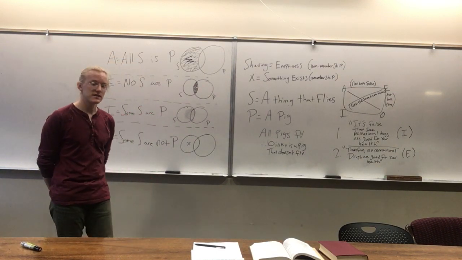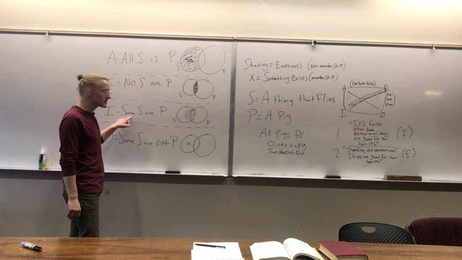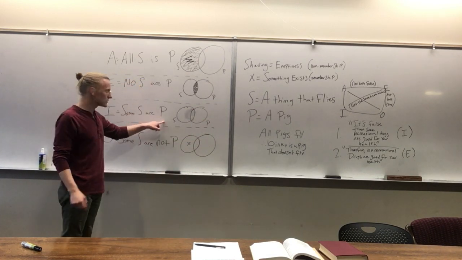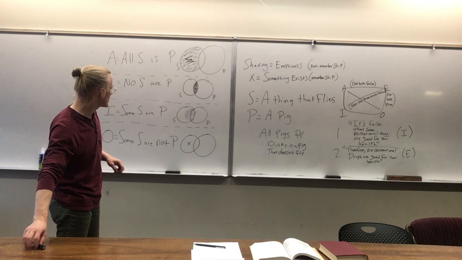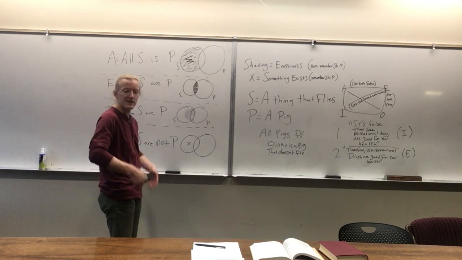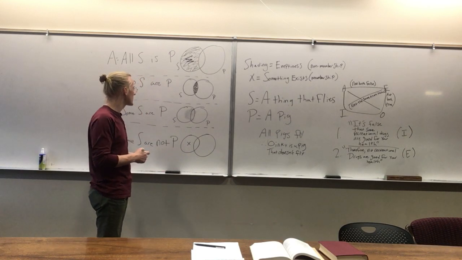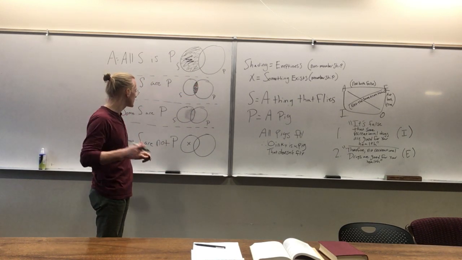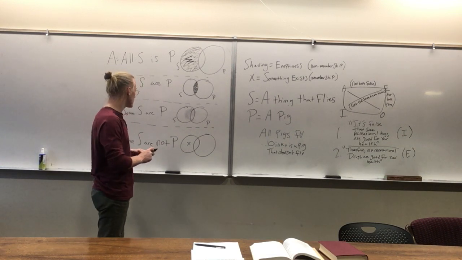We're talking about things that exist. We're saying that there exists some S, something that flies, that's also a P. And insofar as we're saying that there is some S that is a P and our statement has existential import, we're not going to be shading because we're not talking about a hypothetical logical relation. Rather, we're talking about an actual thing.